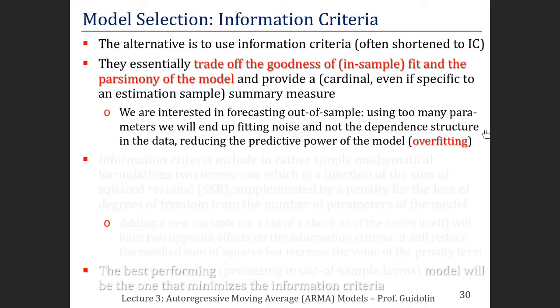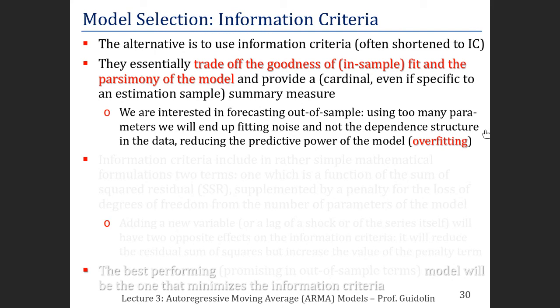So we need maybe something more and better compared to just ACF and PACF, which, however, I need to teach you, so they are in the toolbox. The next thing that people nowadays are probably using more than ACF and PACF is information criteria. What is an information criterion? It's a sample statistic, so it is a function of your data. And as a sample statistic it is a random variable, remember.